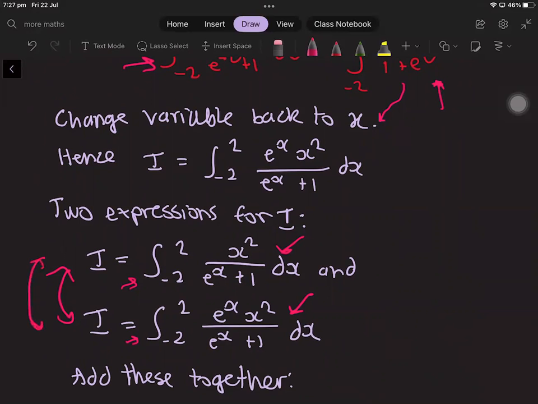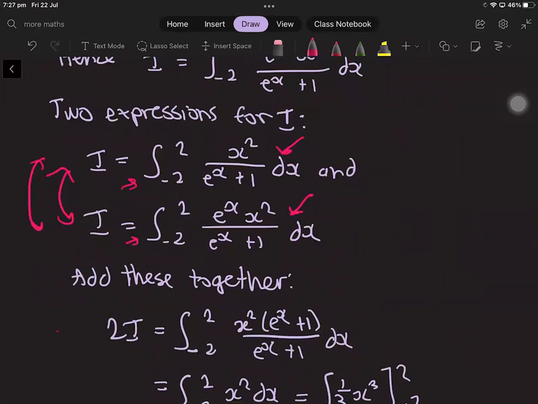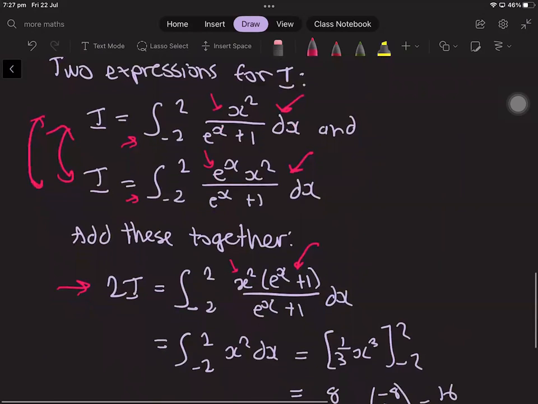We can see what happens when we have 2I equals, when we sum these two expressions, there is a common factor of x squared over e to the x plus 1, and we get e to the x plus 1 here. And the nice thing is we get a cancellation of e to the x plus 1 on numerator and denominator.